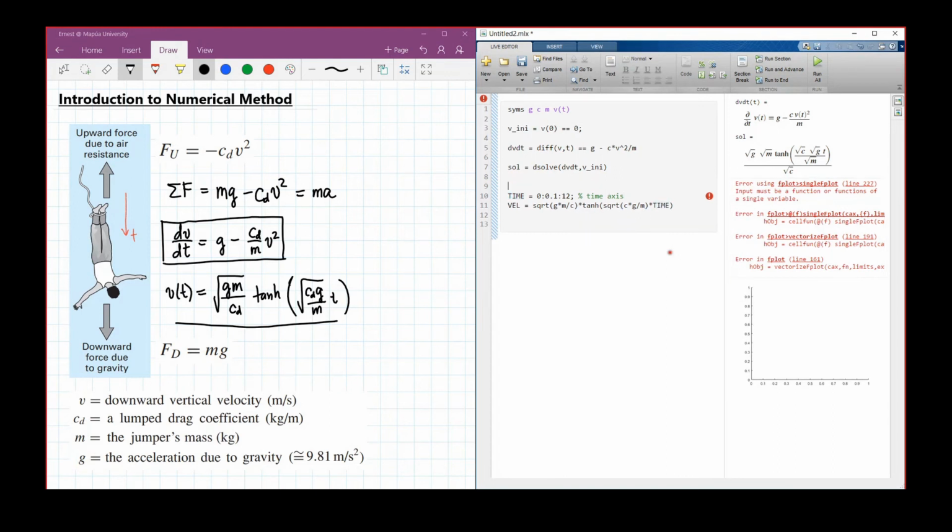In this case, let's define our constants. g is equal to 9.81, and let's say m is, okay, we will use 68.1 kilograms.